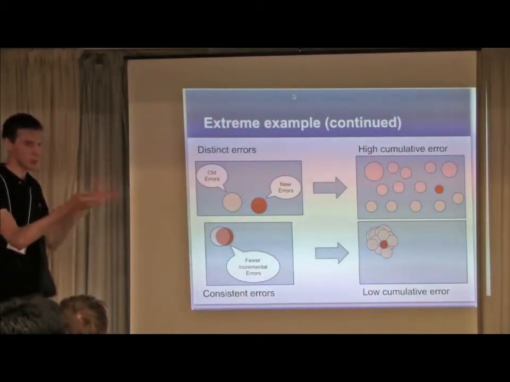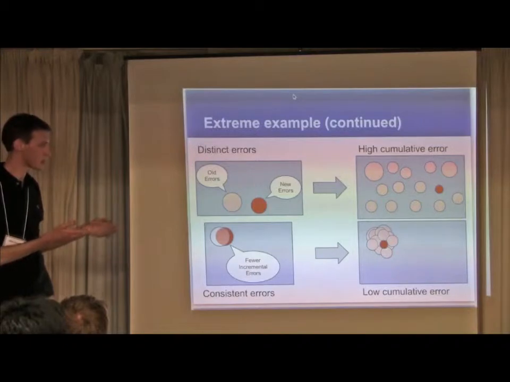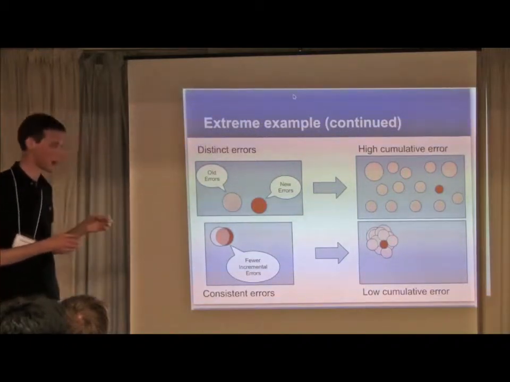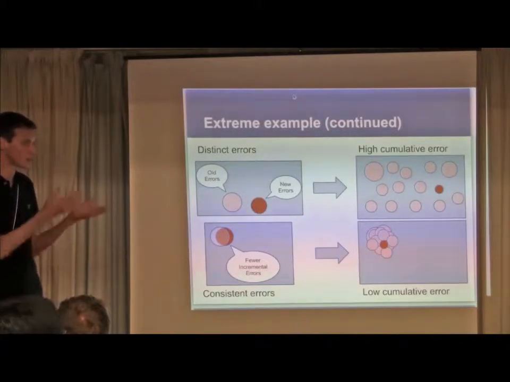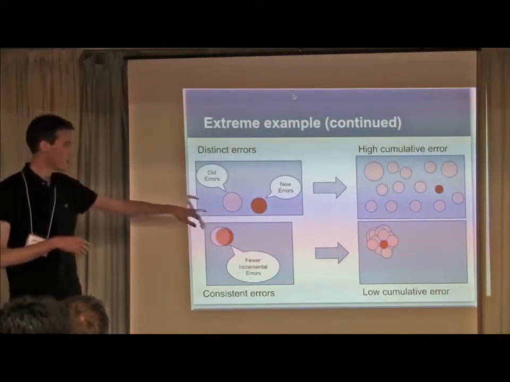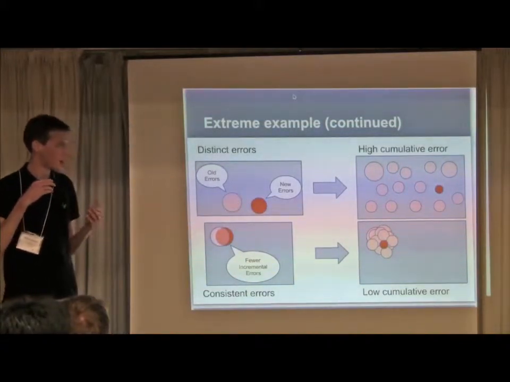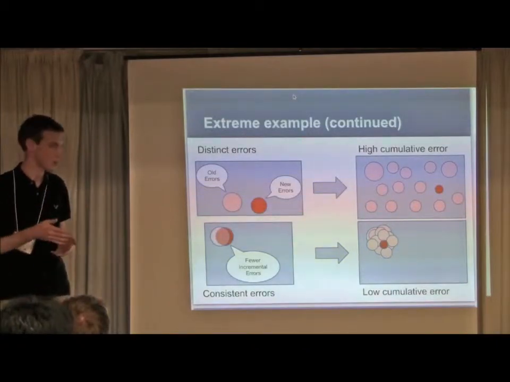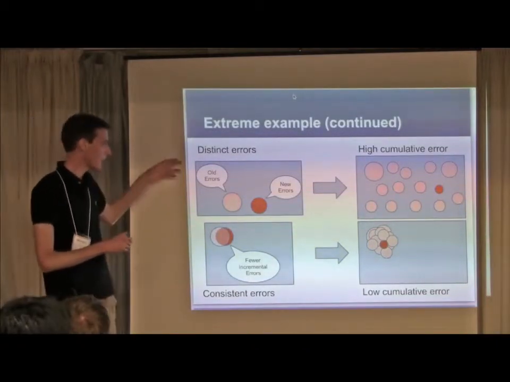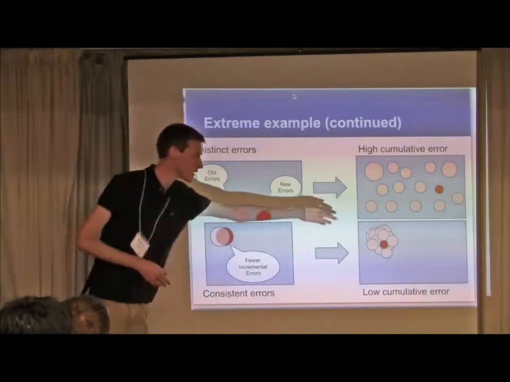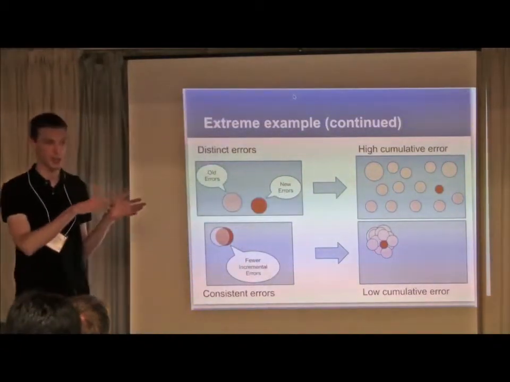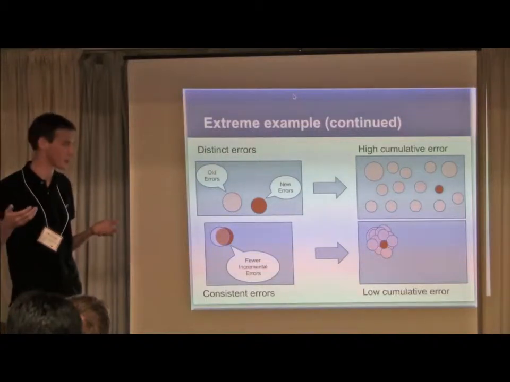If we think of this blue rectangle as our feature space, and these pink circles are errors made by classifiers on previous retrainings, and the red circles are errors made in the current classifier. If we have a system with a classifier that makes distinct errors, over time we're going to make errors on many more data points.